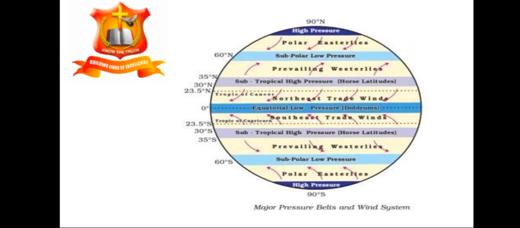Now, see this diagram carefully because you need to draw it in your notebook. You can draw it, color it, make the arrows as given, and write down all the important labels where they are. While drawing it, keep all these things in your mind, such as degrees, name of the pressure and areas of the arrows. It means the directions of the arrows, in which direction they are moving.